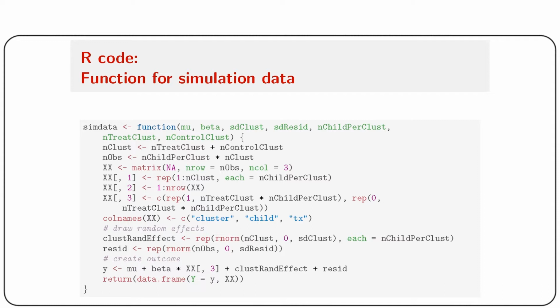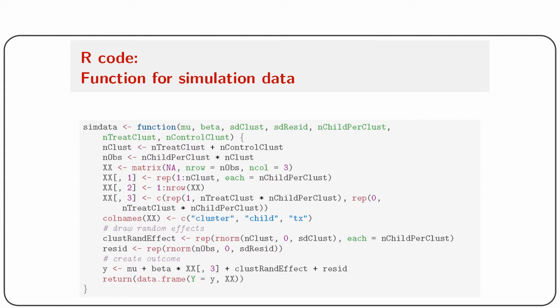So now cluster random effects can be generated from a normal distribution by the following code, and the residual, epsilon ij, also can be generated from a normal distribution with mean 0 and variance sigma residual.